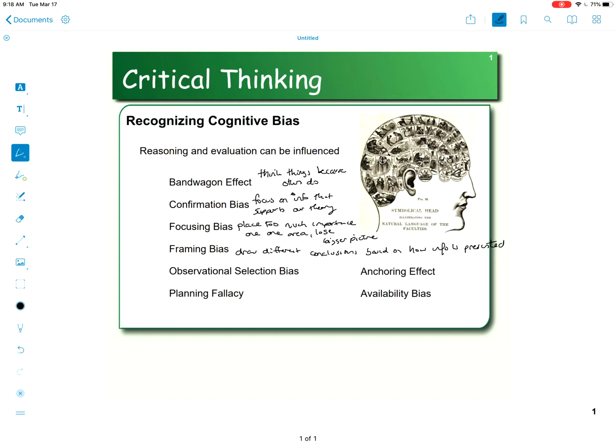The next type of cognitive bias is called observational selection bias. Observational selection bias is when we see things we haven't seen before, so we assume they must be happening more often.